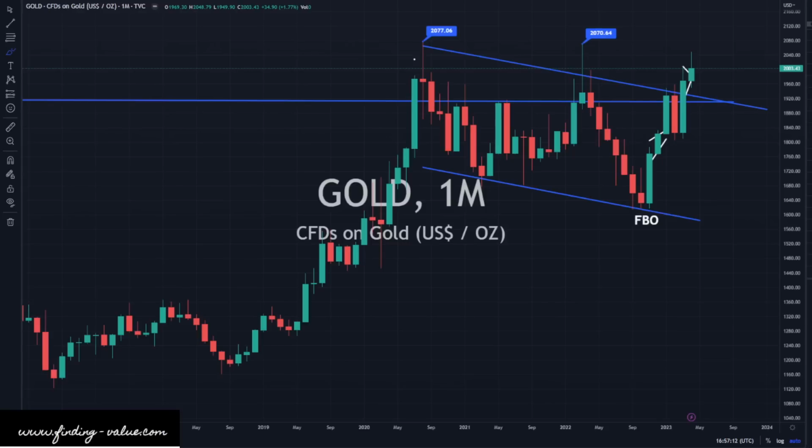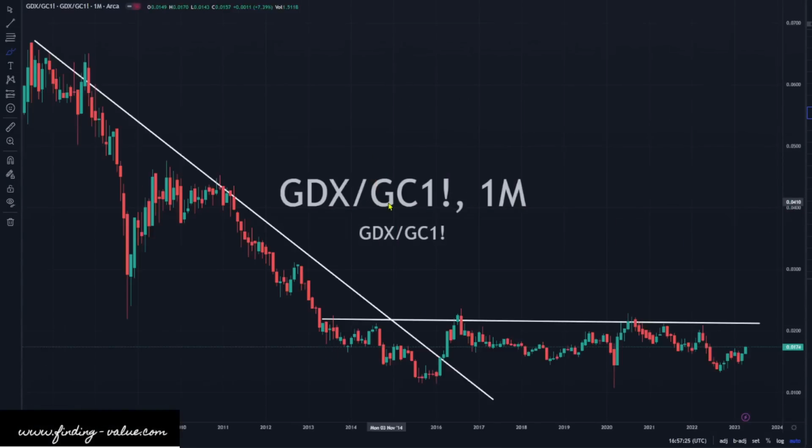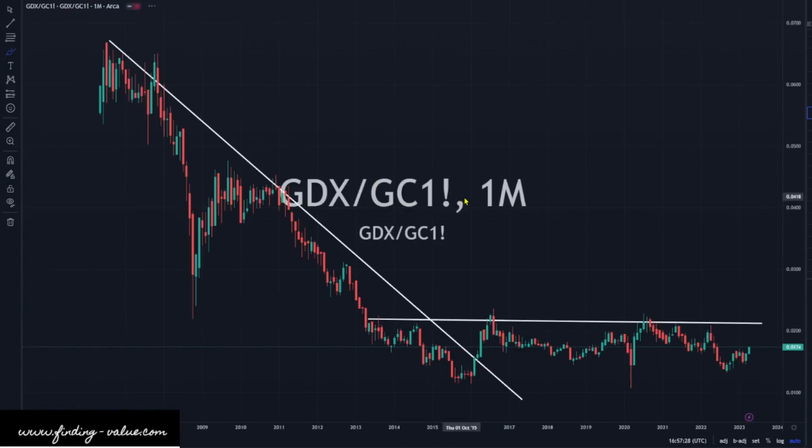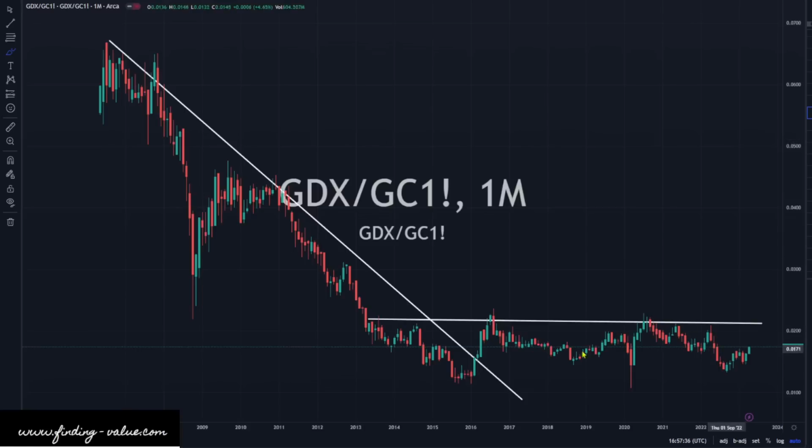Another thing I look at when I look at all these different charts is how the ETF is performing against other ETFs. It's more data. So when we look at GDX versus gold futures pricing, we have a movement down, sideways, and then generally you'll get a break and a move higher. That to me looks like it's basing out.